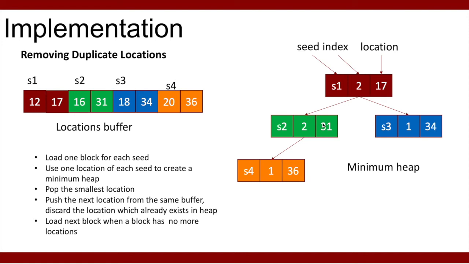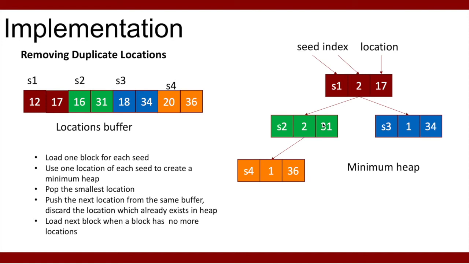The locations of each seed in the LDM are ordered. We set up a minimum heap data structure to sort seed positions as shown in the figure. This minimum heap contains only one position for each seed. Each element in this heap records the seed, the location, and the index of the location.